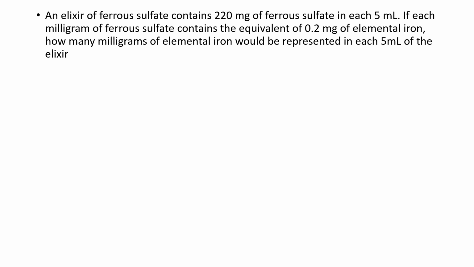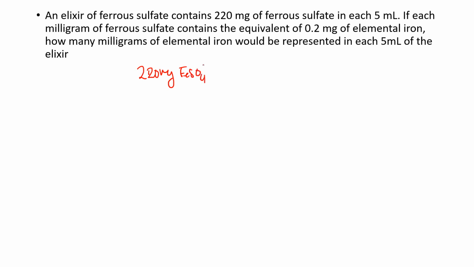An elixir of ferrous sulfate contains 220 milligrams of ferrous sulfate in each 5 ml. If each milligram of ferrous sulfate contains the equivalent of 0.2 milligrams of elemental iron, how many milligrams of elemental iron would be represented in each 5 ml of the elixir? So 220 milligrams of ferrous sulfate.